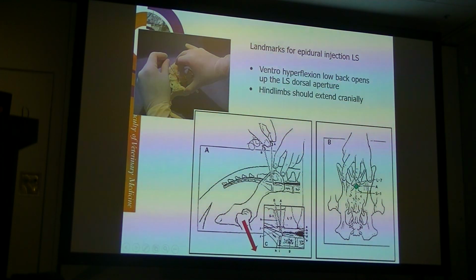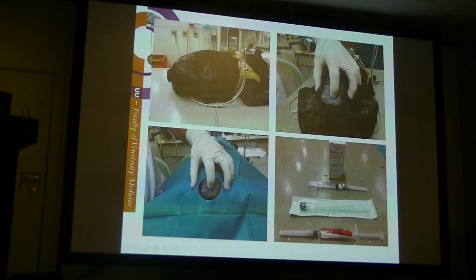If you now flex the hind limbs forward, you put the dog in hyperflexion with its hind limbs on the table, then you open this window. So then it's easier for your needle to enter the epidural space. So the hind limbs should extend cranially, and by that you do ventral hyperflexion of the low back, and this opens the window for your needle.